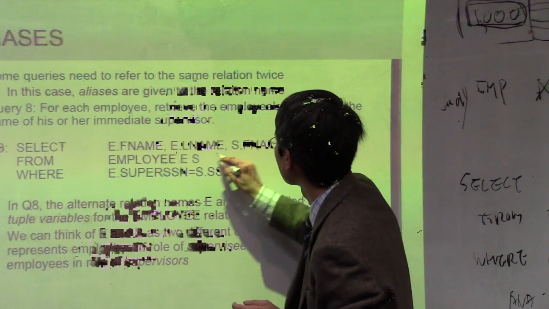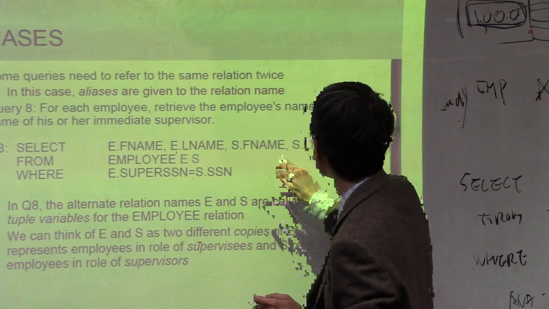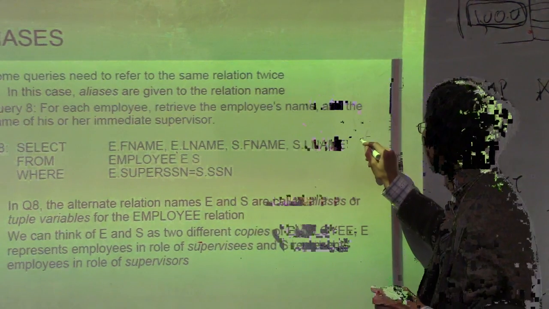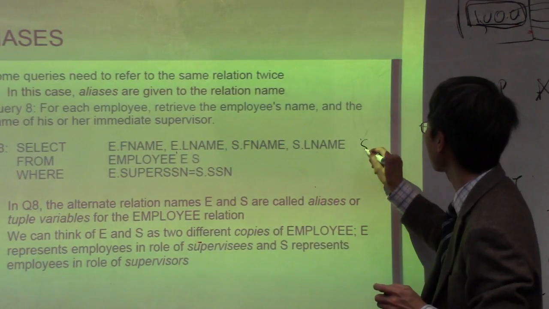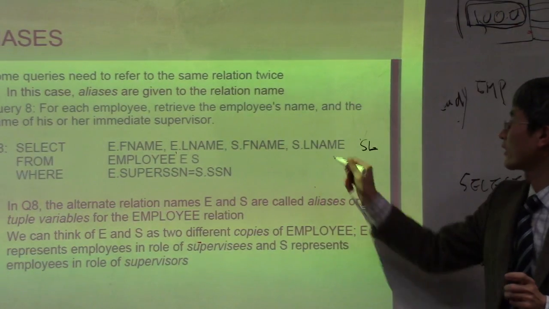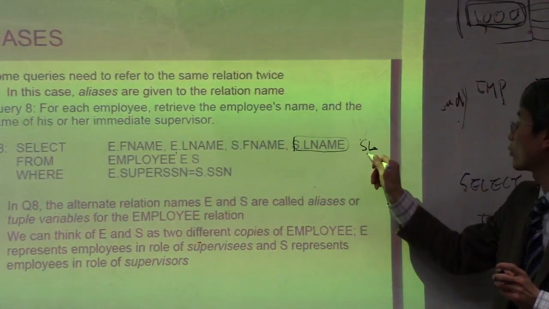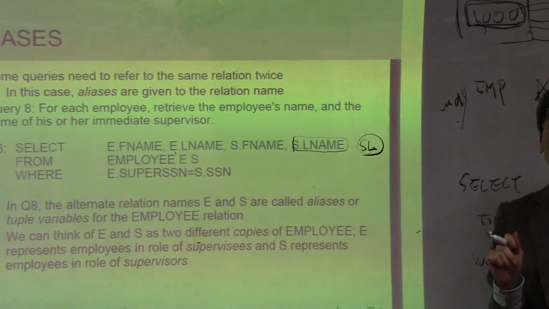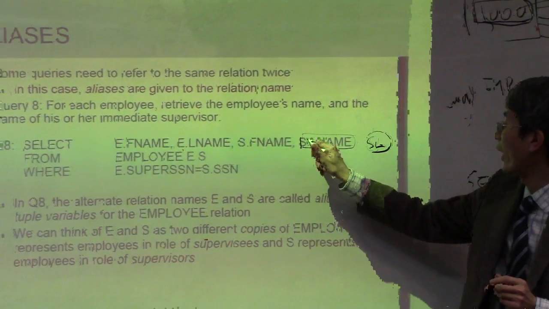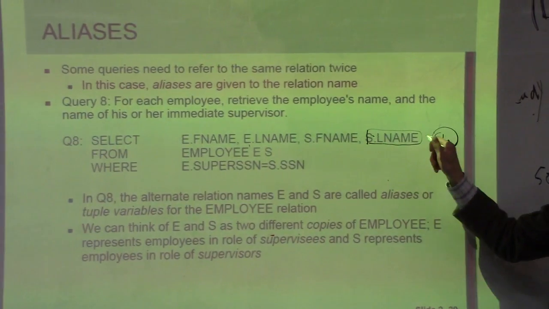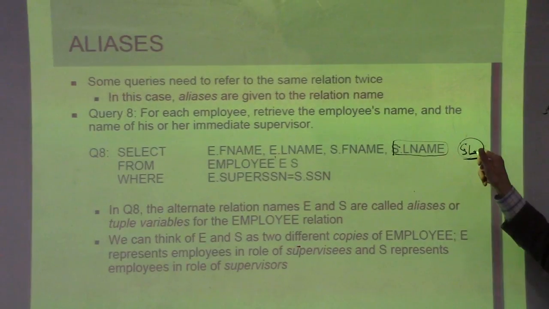We can rename using, for example here, this is the SL. Then instead of this column name, we can use SL. For example, the S last name of S, SL, something like that.